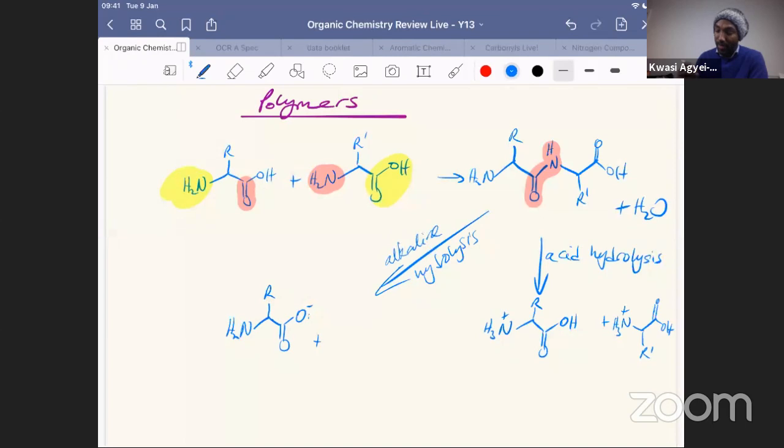Over on the other side you would have an NH2 group and your R prime or R1 or R dash, and the same carboxylate group. So when hydrolyzing amides or esters, do pay attention to the conditions. If you're hydrolyzing under acidic conditions, then any basic groups will be protonated, so amines will be protonated. And if you're hydrolyzing under alkaline conditions, then the carboxylic acid groups will be deprotonated, so you would have a carboxylate group.